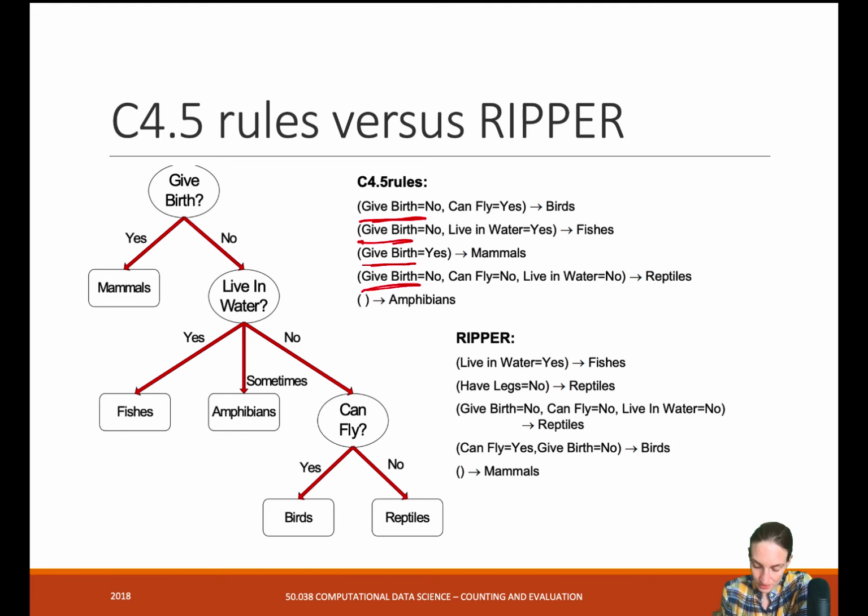Compare this to Ripper, where we have a slightly different rule set, still having similar accuracy. But the rules look different because they don't have a root node in common, and they can basically have as many attributes as they want, whereas there's a certain order to the decision tree rule sets.